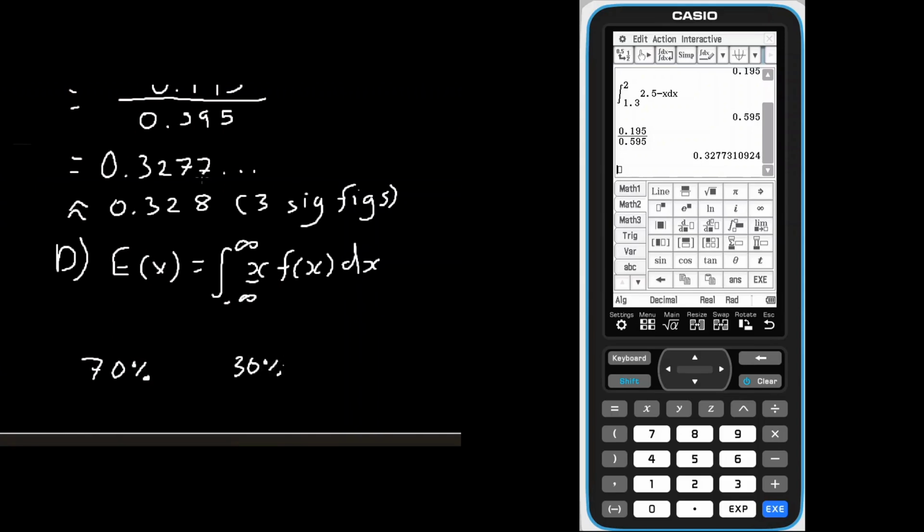Now, if you only score, let's say, 40% on that one, and let's say you score 80% on the next one, that is like your f of x value there. Okay, so that's why I consider it a weighted average. But this is directly from your formula sheet, so it'll make it quite easy.